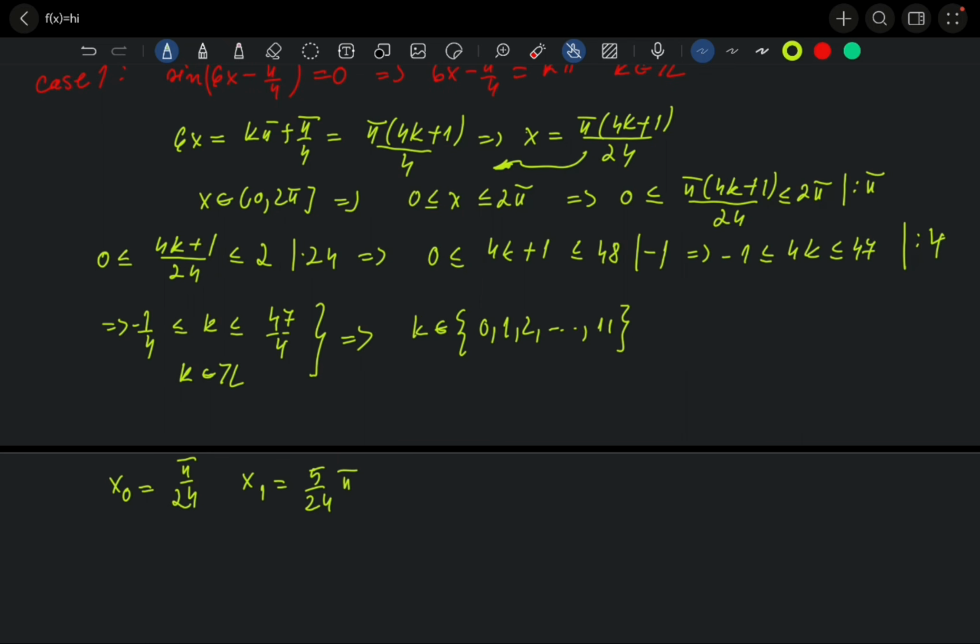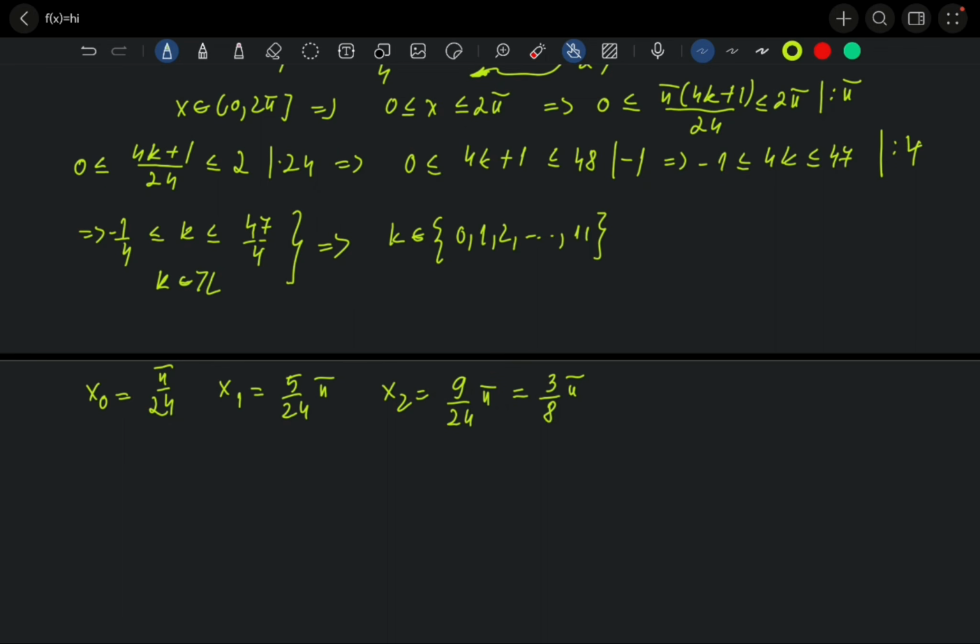When k is equal to 2, we'll get x sub 2, which will be equal to 9 over 24 pi, which simplifies to 3 over 8 pi. When k is equal to 3, we'll get x sub 3, which will be equal to 13 over 24 pi.